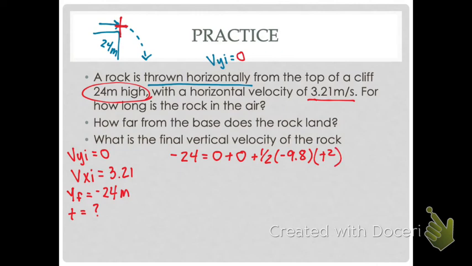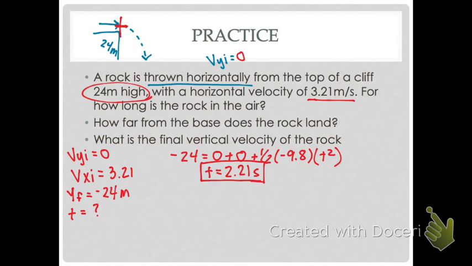For projectiles, we're going to use that equation really often to solve for time. I got a time equal to 2.21 seconds. I don't know if that matches what you had. Okay, so there's part of my answer.